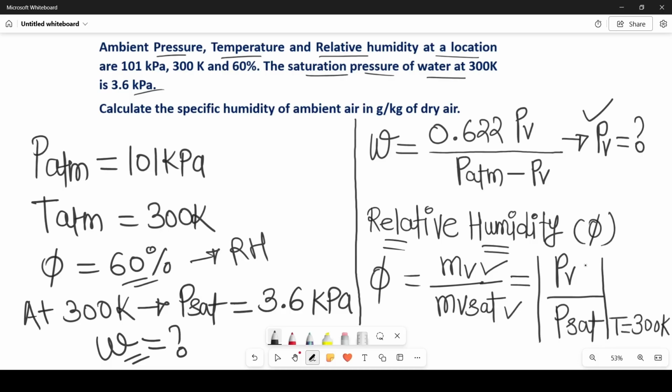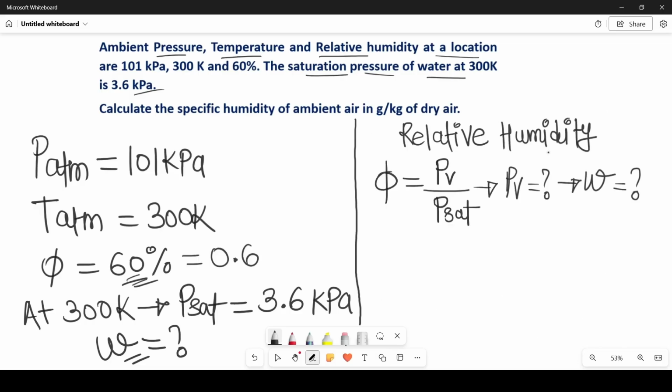It is the ratio of partial pressure of water vapor to the saturation pressure, and both these pressures correspond to the same temperature. In this case it is the 300 Kelvin ambient temperature. So here we will use relative humidity to calculate PV first, and from PV we can calculate specific humidity.